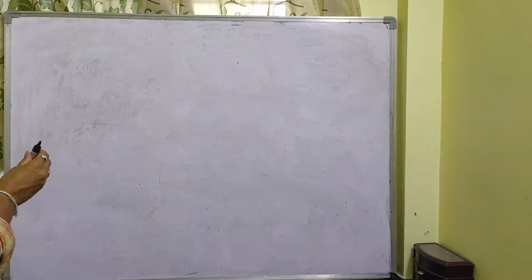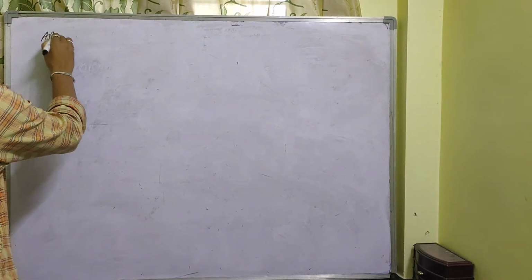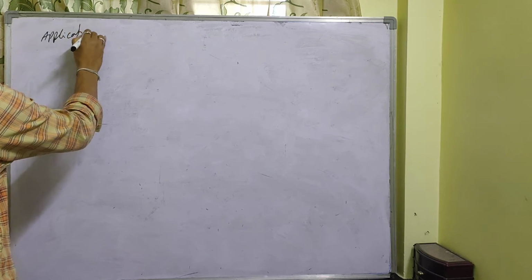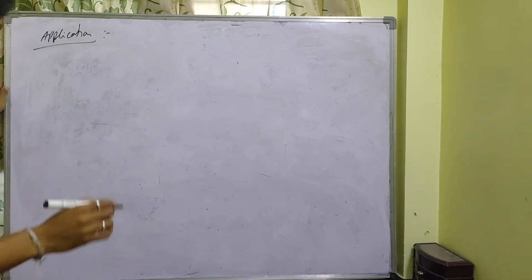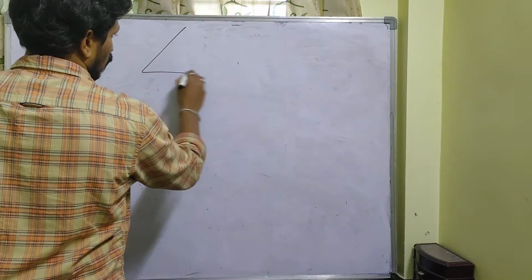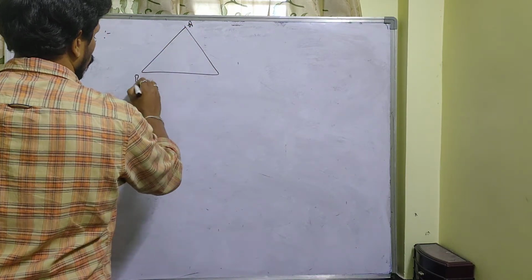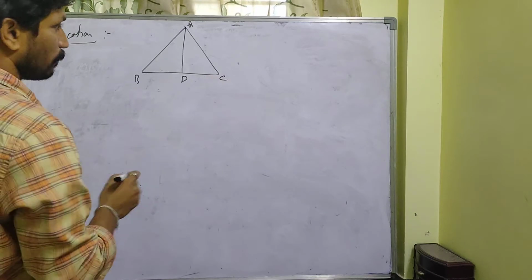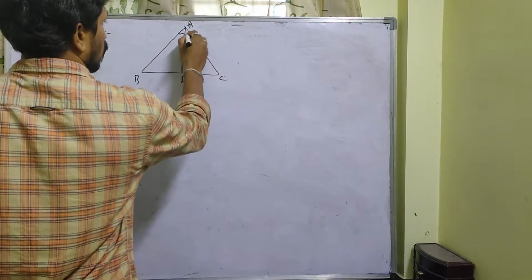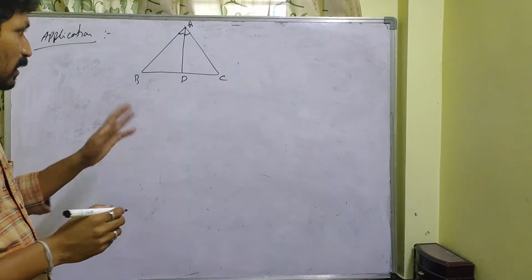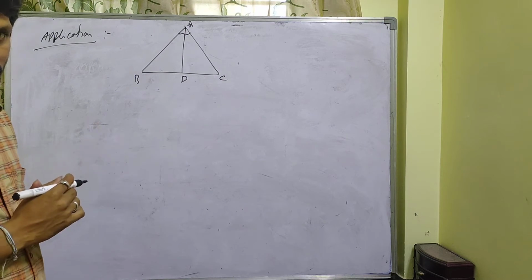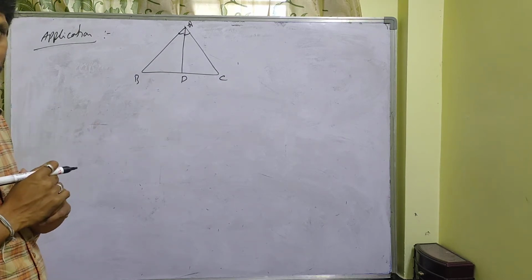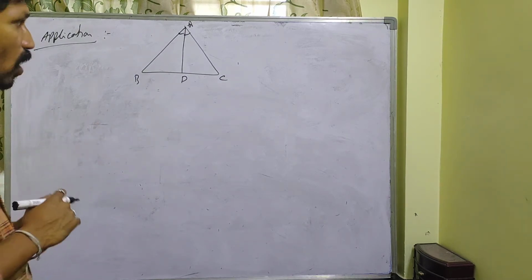Next concept, next application. See, this is the triangle ABC, and AD is one of the internal angular bisectors through A. So these two angles are equal. Then we have, in 10th class, the angular bisector theorem. What does it say?